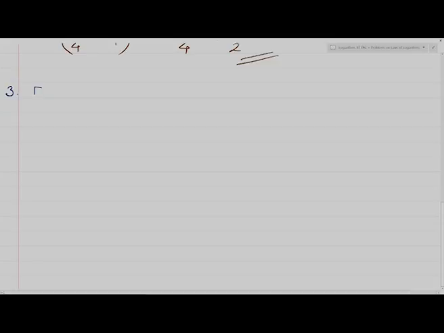So, again the question is evaluate. Now, you note down the question very carefully. If you make some mistake in noting one of the numbers, then you may get a wrong answer.